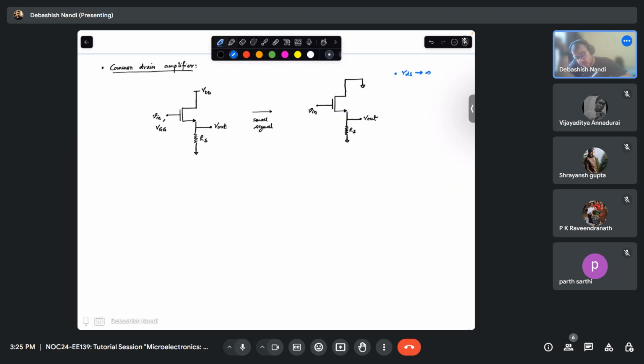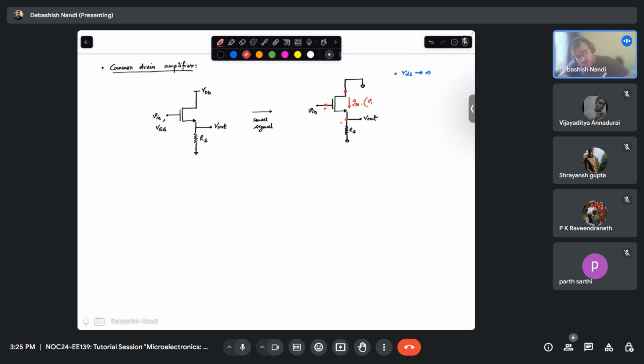Okay. So now what is the current flowing in this case? Can anyone tell me? The current flowing has to be gm times VGS, the difference of this voltage. So this is my source terminal, this is the gate terminal, this is the drain terminal. So what is my VGS?